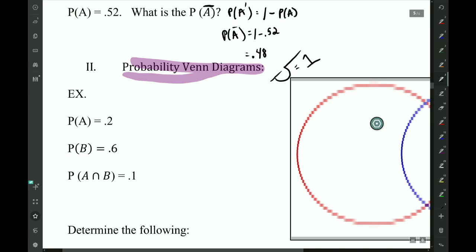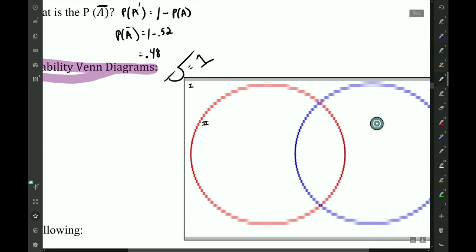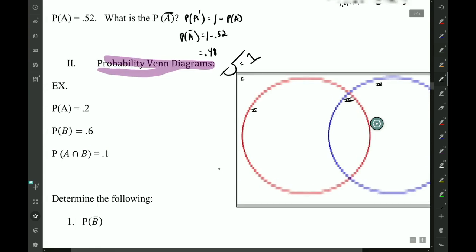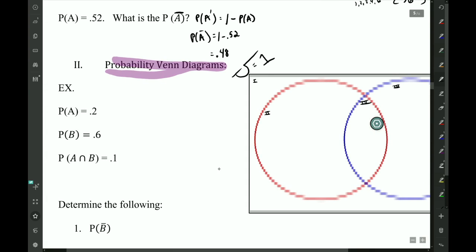All of the pieces, let's say this is part 1, part 2, part 3, and part 4, are always going to add up to 1.